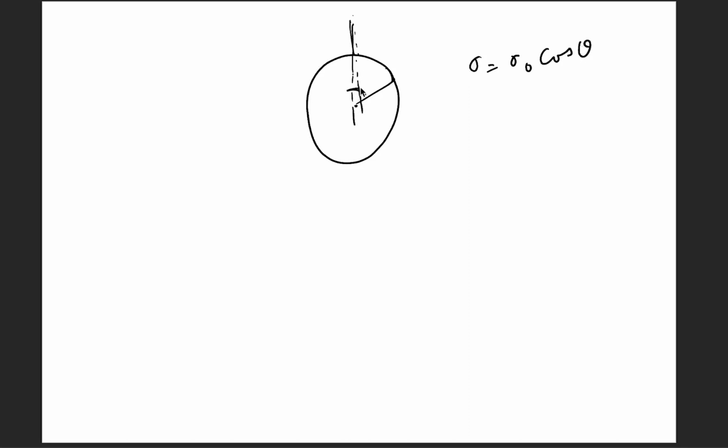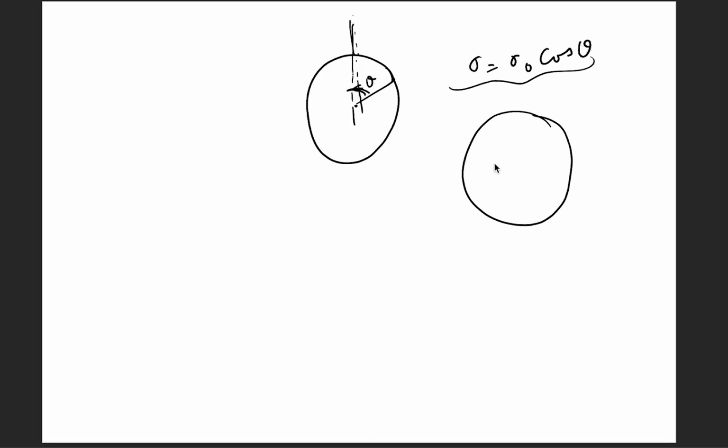Now if somehow we are given a surface charge density, I'm trying to make a spherical surface. Let us say the surface has a charge density σ₀ cos θ, where θ is measured with respect to vertical. This is θ. So because of this expression, the charge density will look like this on this spherical surface.